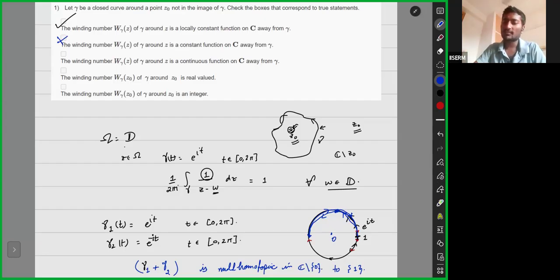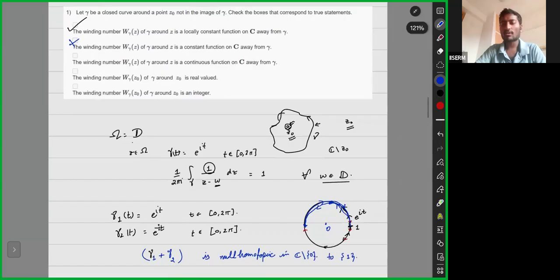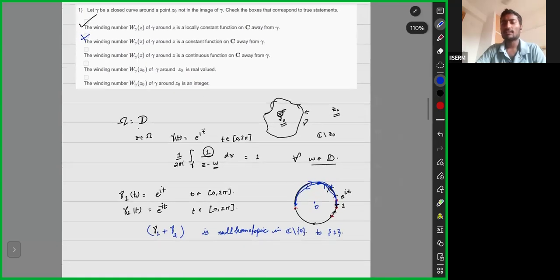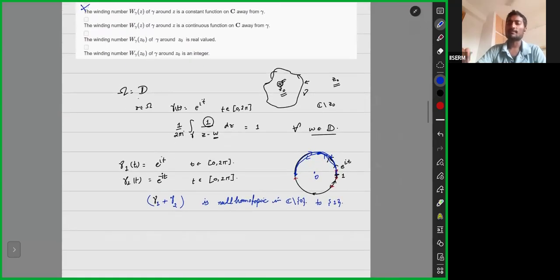So now for part 3: the winding number of gamma around Z is a continuous function on C away from gamma. Okay, this is fine. The constant curves. So actually this is a constant function.